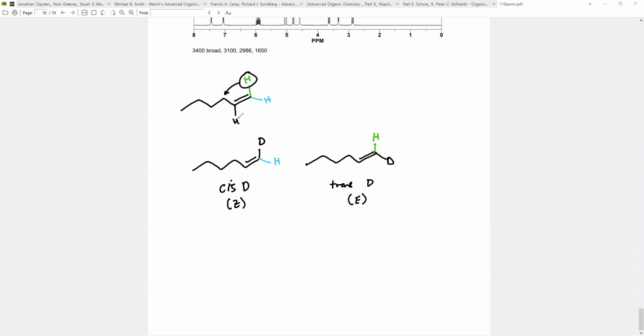It's not like this hydrogen can rotate to the other side and interact equally with the green H. The blue H is probably going to get a different interaction with these guys. We'll talk about that a lot more in 118B. We can talk about J values and how alkene protons have different J values, or different coupling constants, depending on whether they are cis or trans to each other. So a little sneak peek into that.